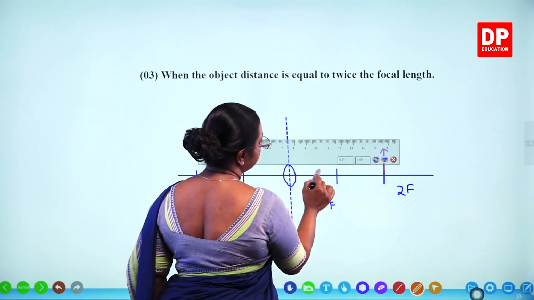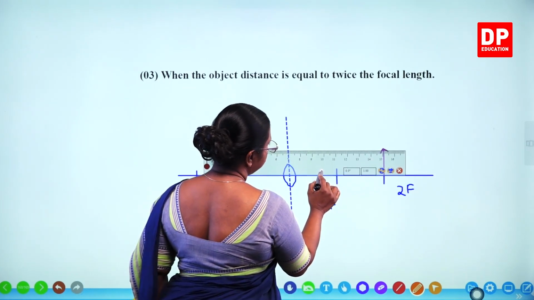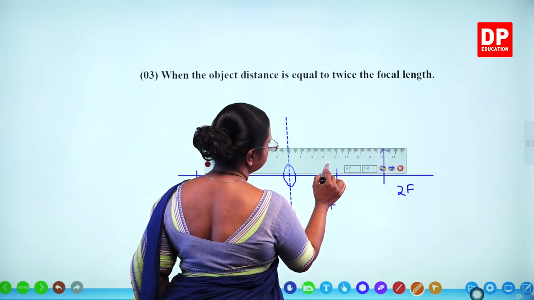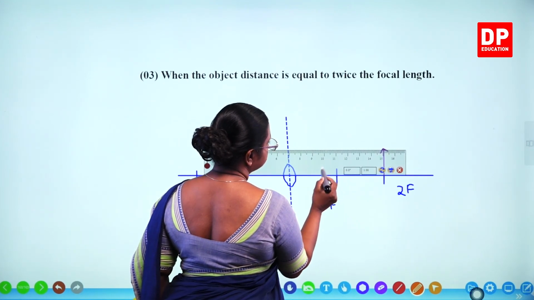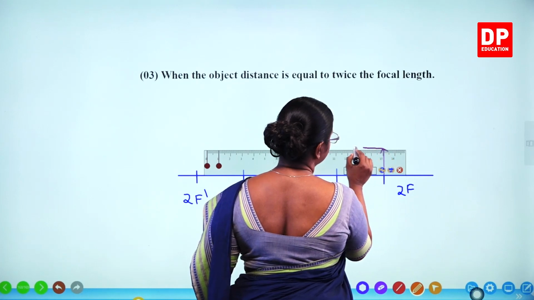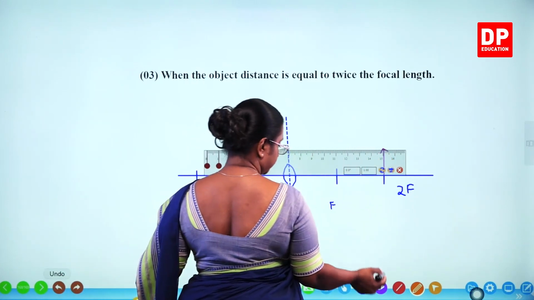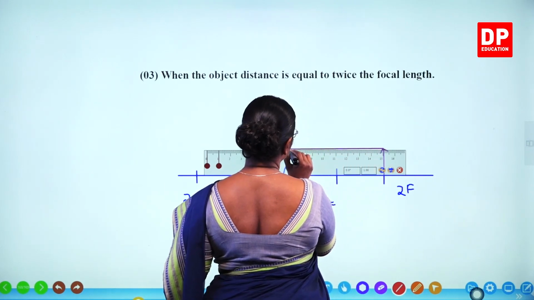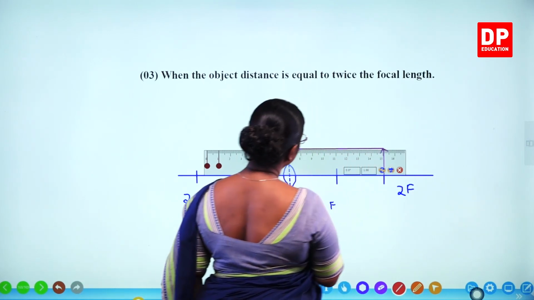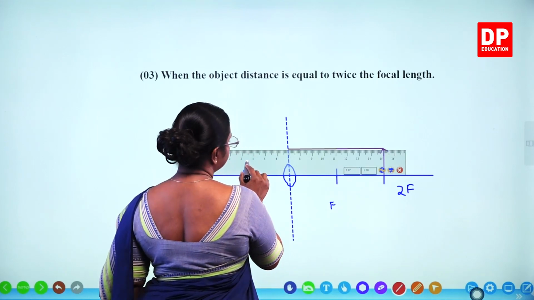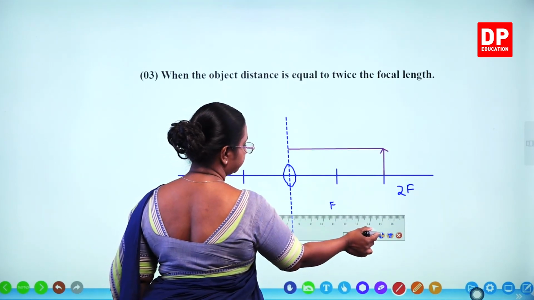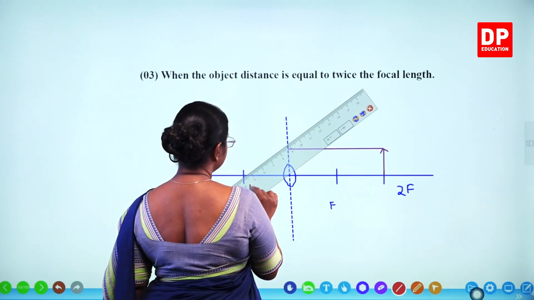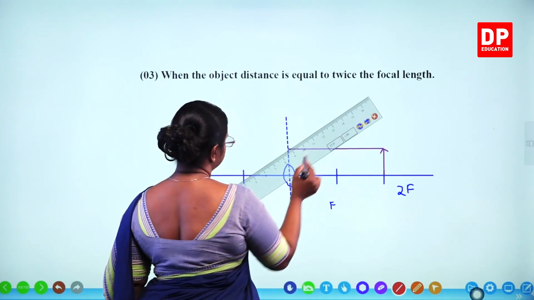Now we will draw a ray that is parallel to the principal axis. A ray that is coming parallel to the principal axis has to reflect through the focal point.